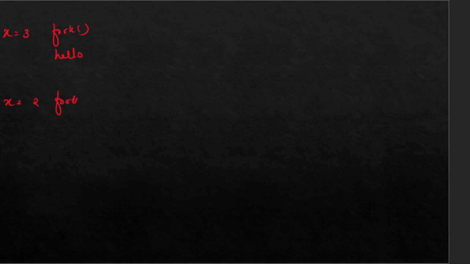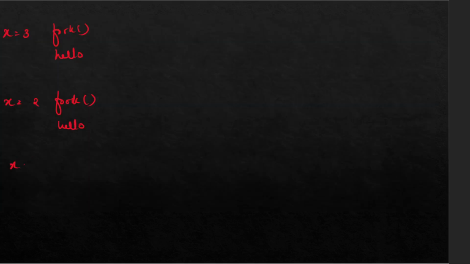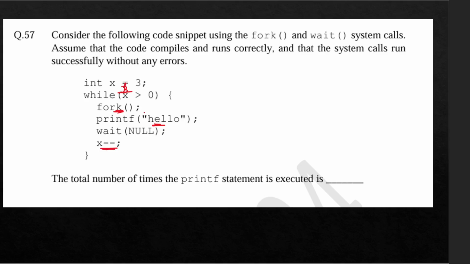Again fork will be there and hello will be there. After that the value will be reduced from 2 to 1. So with x equals 1, fork and hello are the same. After that 1 will become 0 and the loop will end.